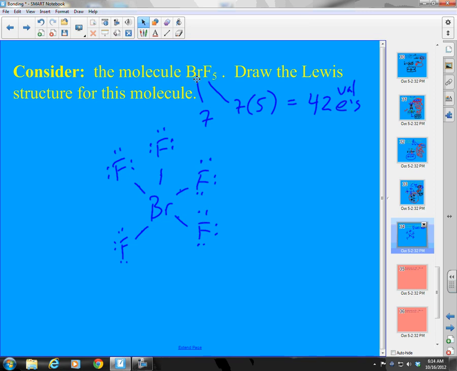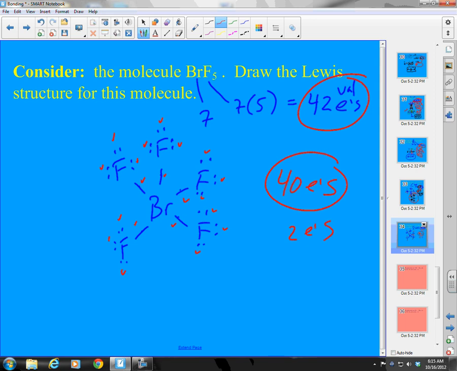Let's count these up. 2, 4, 6, 8, 10, 12, 14, 16, 18, 20, 22, 24, 26, 28, 30, 32, 34, 36, 38, 40. I have 40 electrons in my picture, and I have 42 I need to show in my picture, which means what? I have a deficit of 2 electrons, and where do I place those 2 electrons? Somewhere on my central atom.